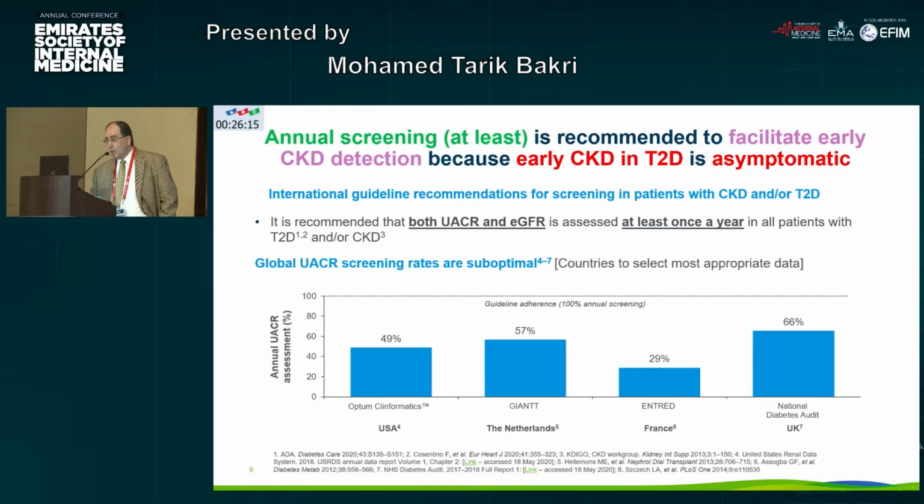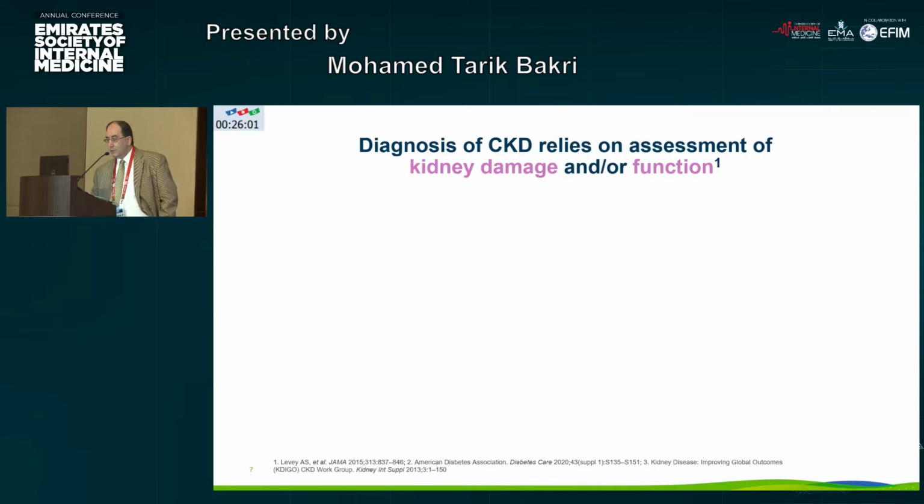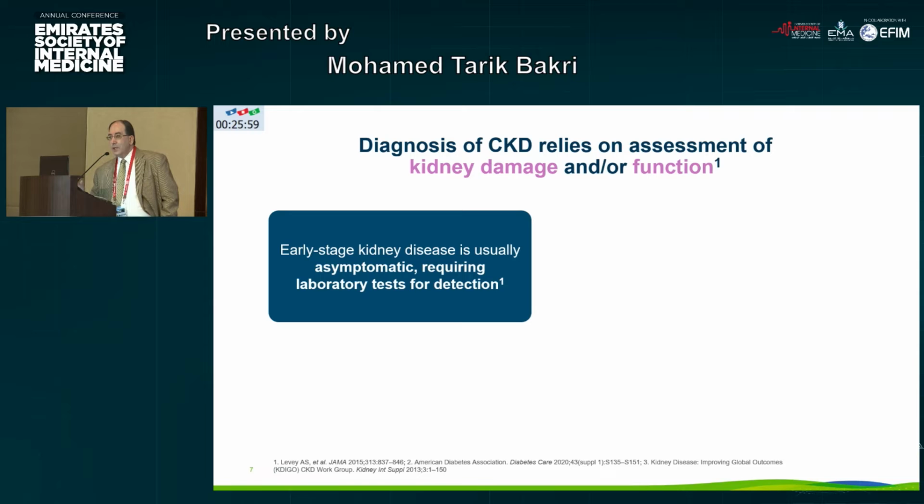It varies from 20%, 29% in France, up to 66% in UK. So our job as internists, family practitioners, and so on, is to really apply those guidelines to detect early, because usually CKD initially is asymptomatic, a silent progression which can kill the patient down the road with morbidity and mortality.